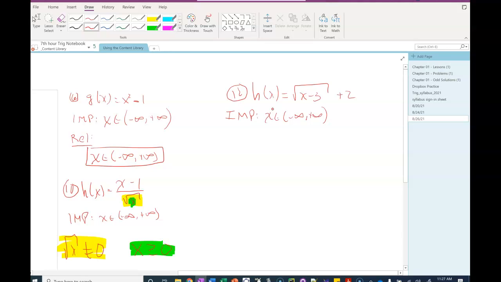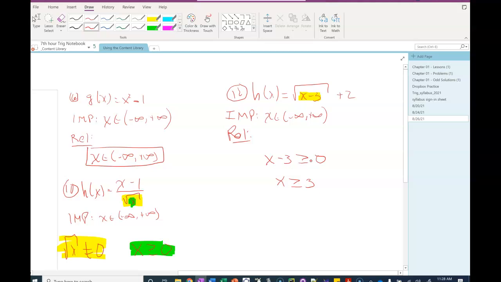Okay. So if I look at the operations involved, I see subtraction, I see addition, and I see square roots. The only one of those that I have to worry about is the square root. So I'll just take all the stuff under the square root and say that that has to be non-negative. I can solve that inequality by adding 3 to both sides.